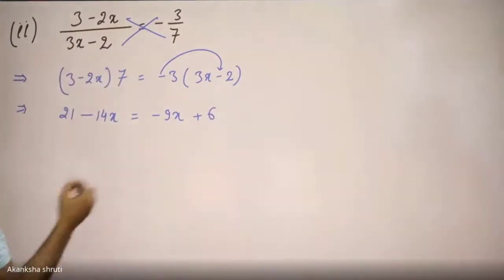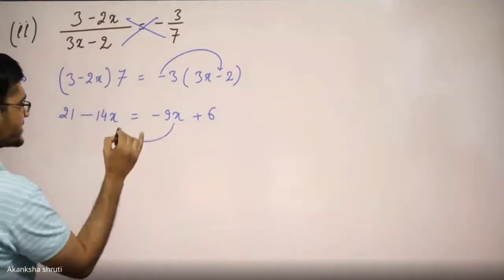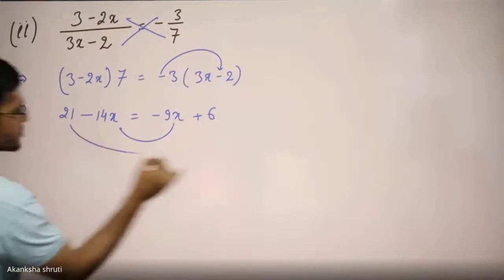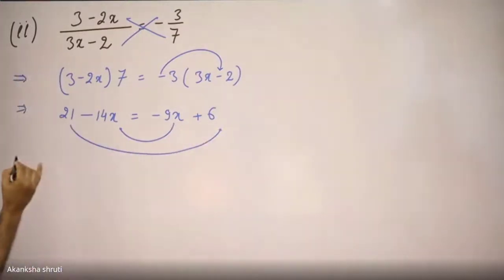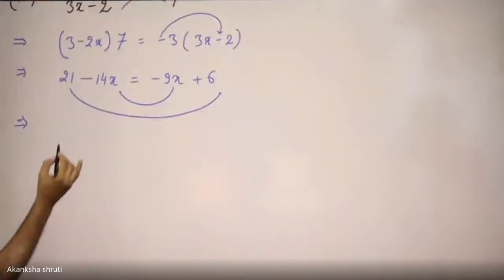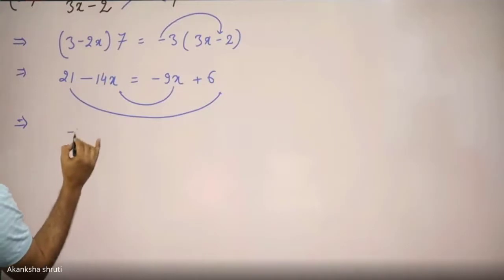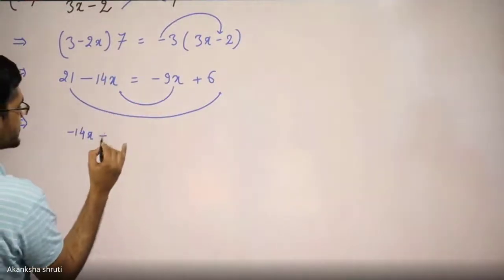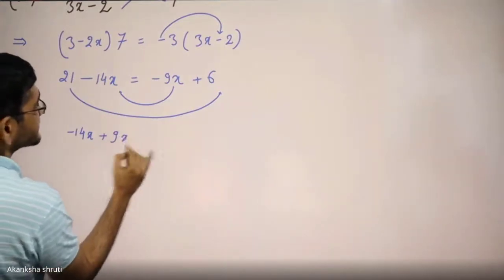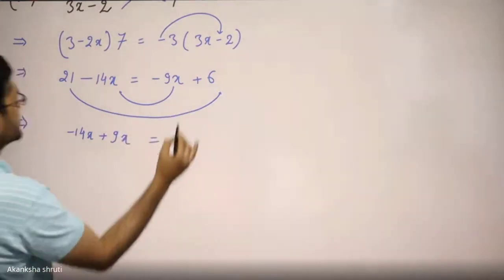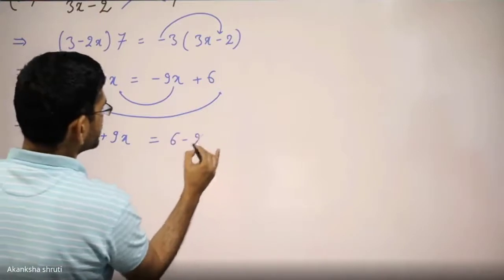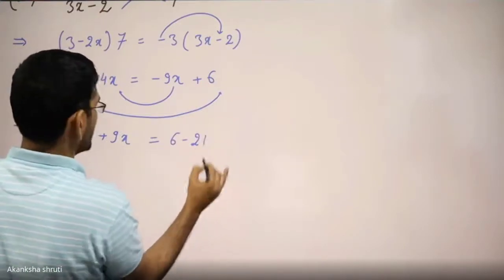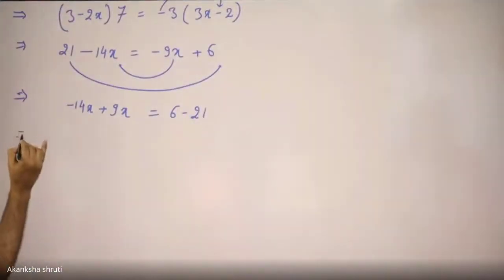Now apply the rule. Bring this on the left hand side and send this constant on the right hand side. That is the rule we need to apply. So it is minus 14x. This minus 9x will turn into plus 9x is equal to 6 minus 21. Go for subtracting this.